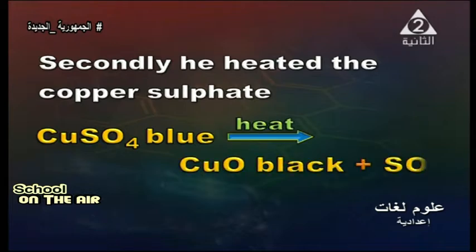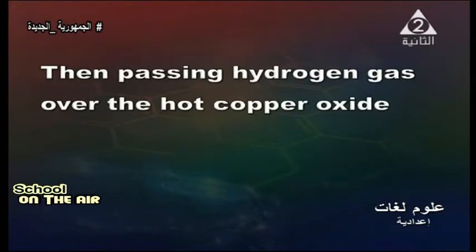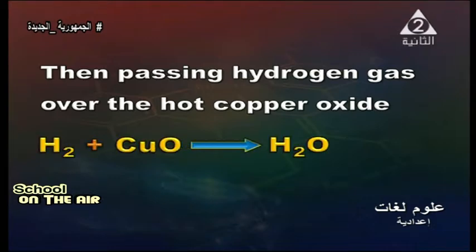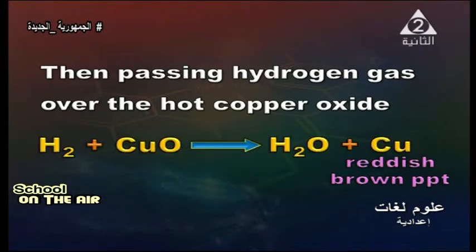It will decompose into CuO, a black precipitate, and sulfur trioxide. Then pass hydrogen gas over the hot copper oxide. A reduction and oxidation reaction will occur to give copper as a reddish brown precipitate.